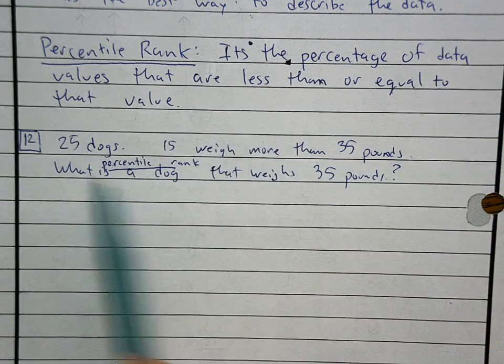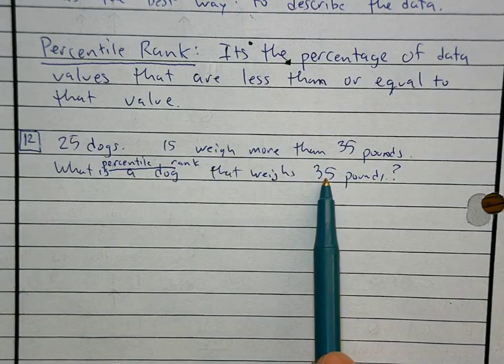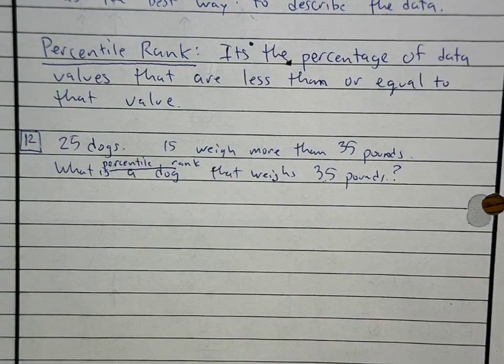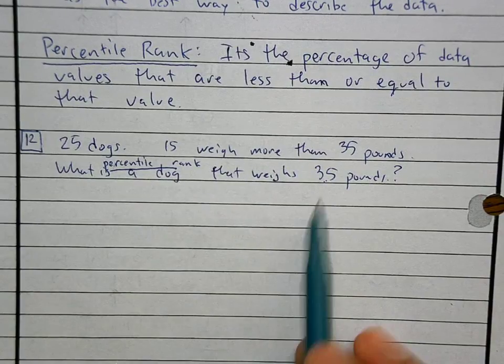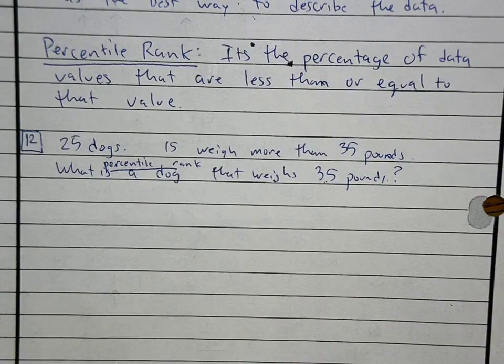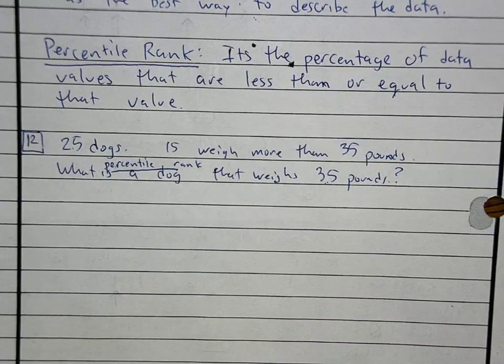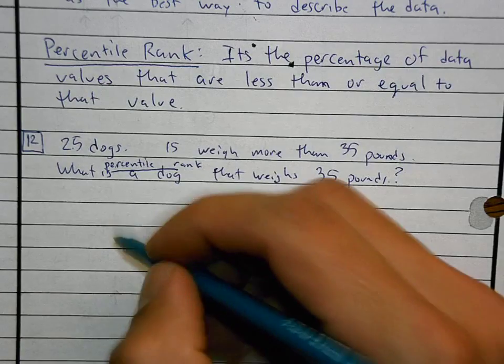How many dogs are less than or equal to 35 pounds? There's 25 dogs. 15 weigh more than 35 pounds. How many weigh less than or equal to 35 pounds? Okay, so that's the number that goes on top.